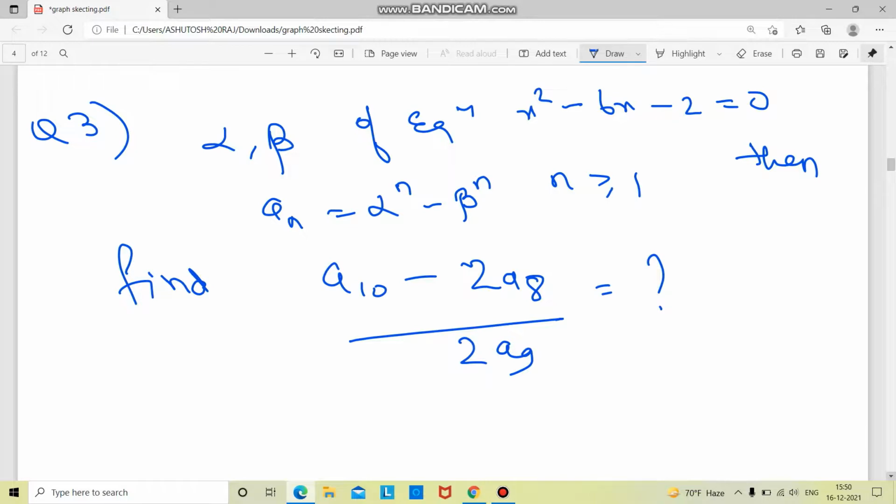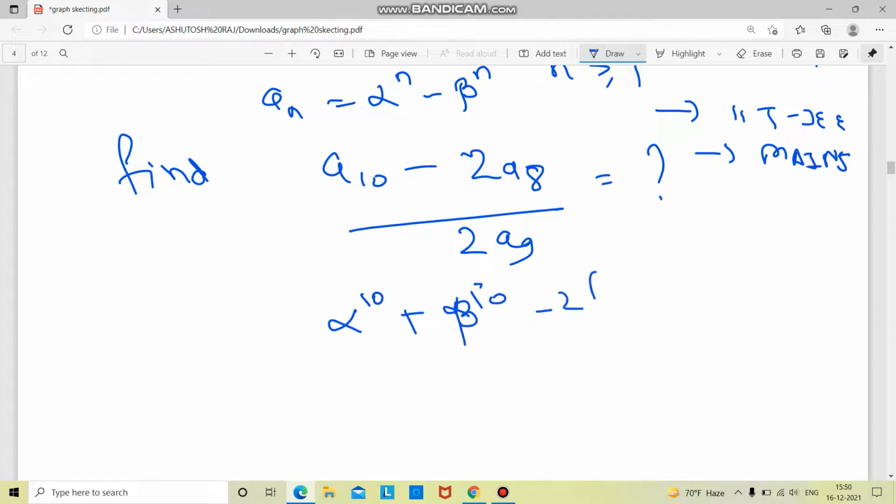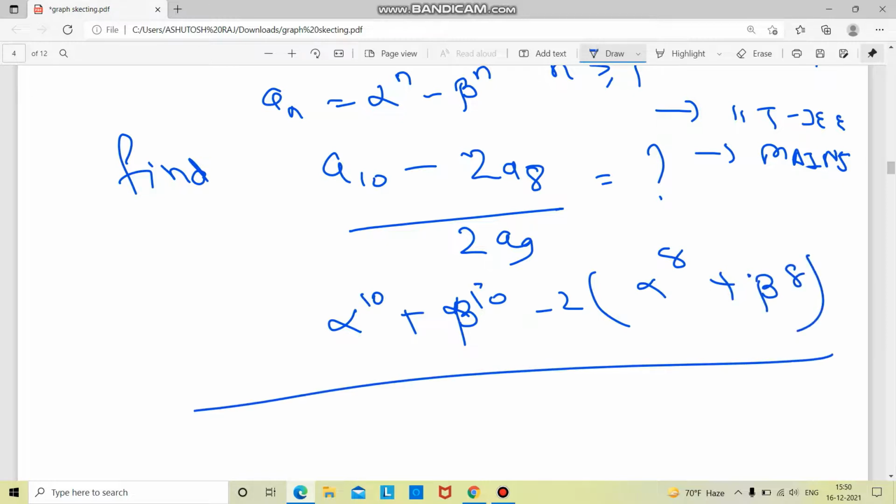It has come multiple times in IIT and Mains as well. A10 would be alpha to the power 10 minus beta to the power 10, minus 2 times alpha to the power 8 minus beta to the power 8, by 2 times alpha to the power 9 minus beta to the power 9.